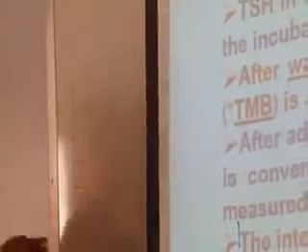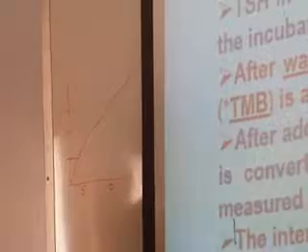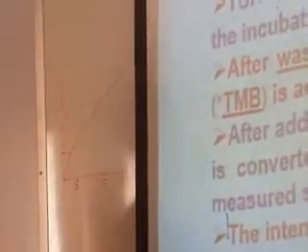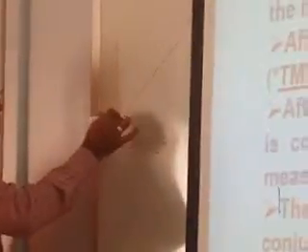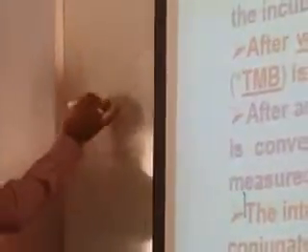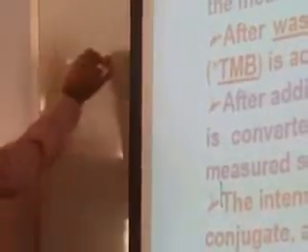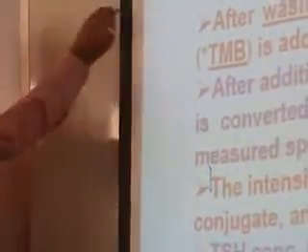You cannot measure directly; you have to compare with the normal or standard chart. So if the color is here, it means 5. Here is 10. Here is 15. Here is 20. Like that.